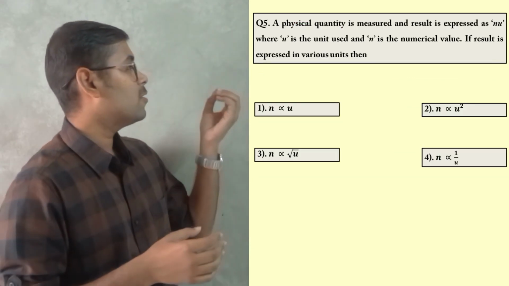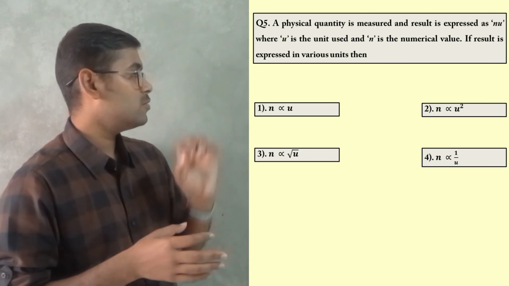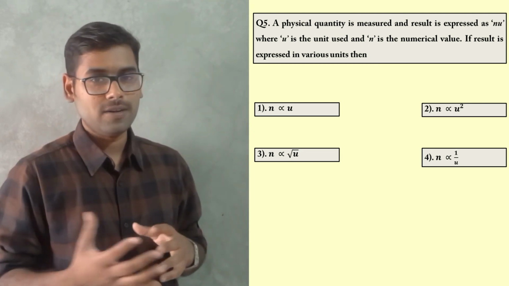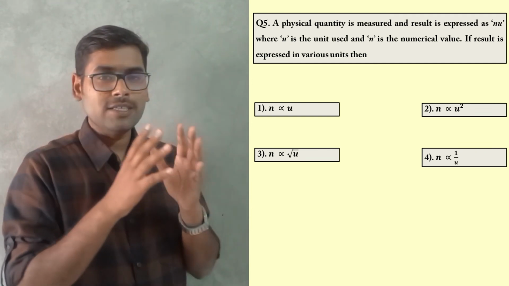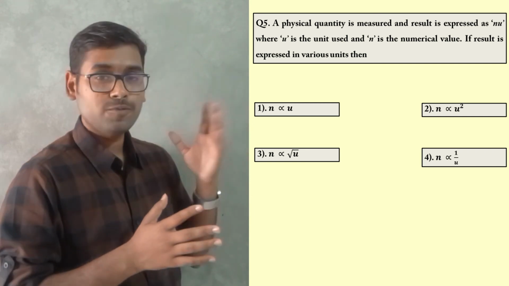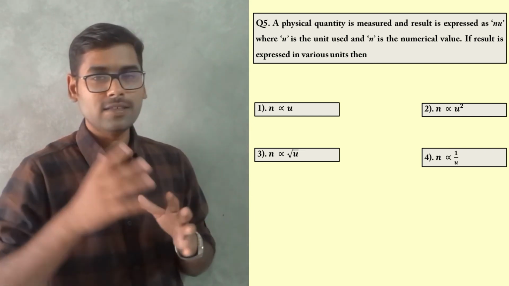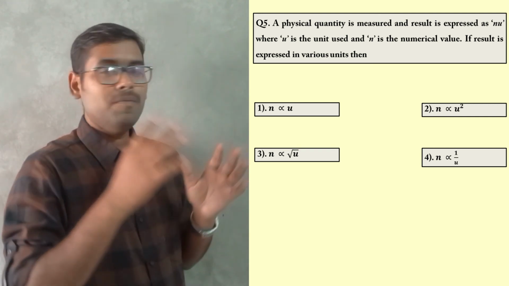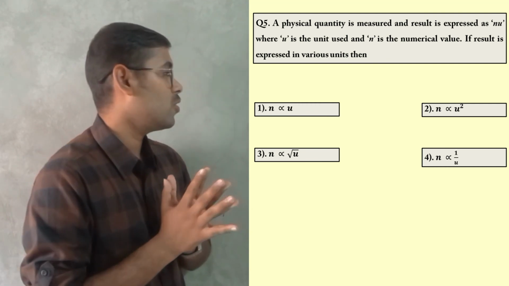Now if you look at the four options that are given, in the first option we have numerical value is directly proportional to unit, which means bigger the unit, higher will be the value. That is wrong, right? So option 1 is not the correct answer. Again, in the second option also they are saying the same thing, that is bigger the unit, higher will be the numerical value. This is also wrong option.